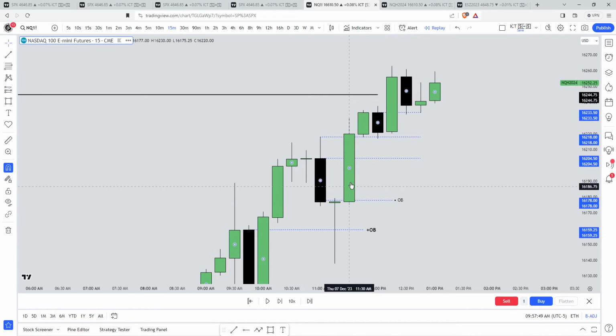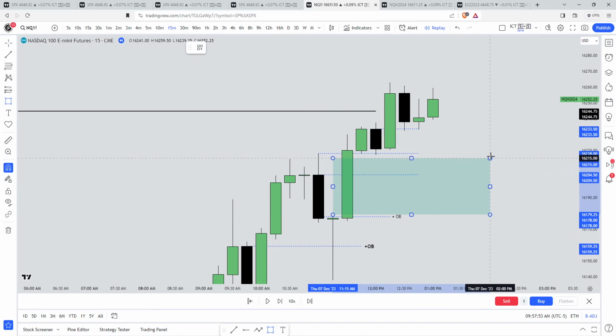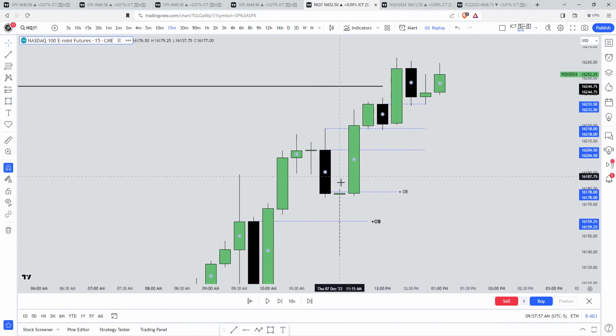If we look in here, we do have a down close candle followed by another fair value gap right here. So notice how we do have this down close candle, then there's an up close candle right here. From what I've seen, ICT will just draw out the opening price on this down close candle, and ignore this up close candle, because really this started the delivery down to here and then it expanded away from it.